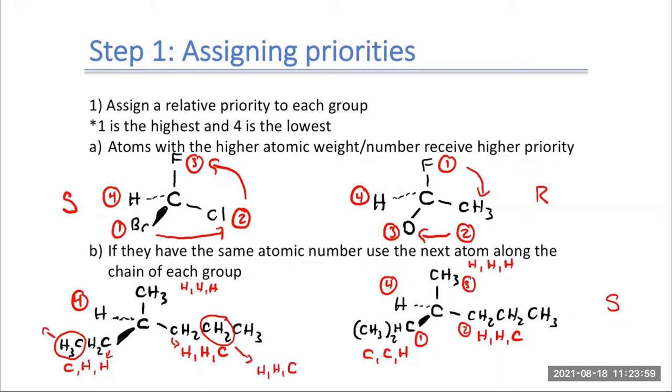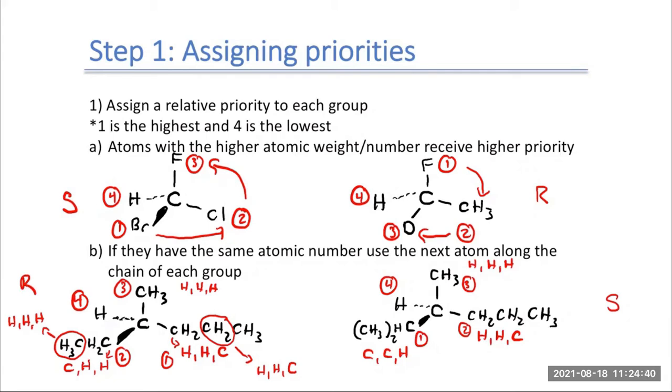This CH3 is attached to hydrogen, hydrogen, hydrogen. So when we're looking at the second atom on the chain for both of them, the ethyl group is all hydrogens. The propyl group is 2 hydrogens and a carbon, so it has the heavier atom. That means our propyl group becomes our first priority, our ethyl becomes our second, and our methyl is the third. So that will give us an R configuration.